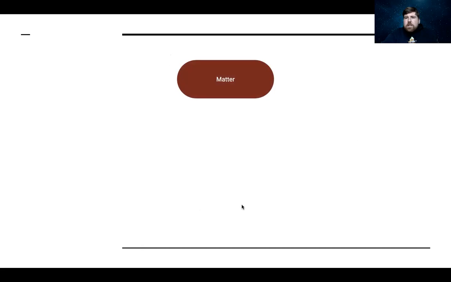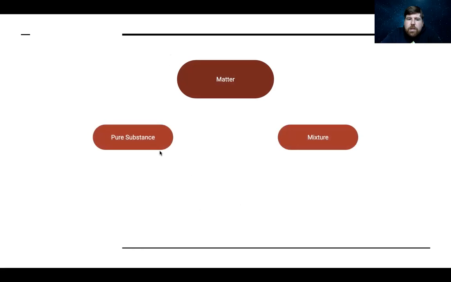So it's really nice and helpful to be able to understand how we can classify different types of matter. Matter can start by branching into two fields. We have pure substances, which contain only one type of chemical within the substance, or a mixture.